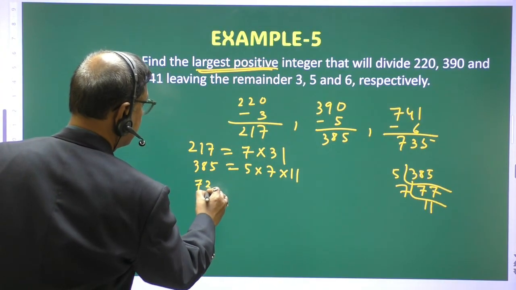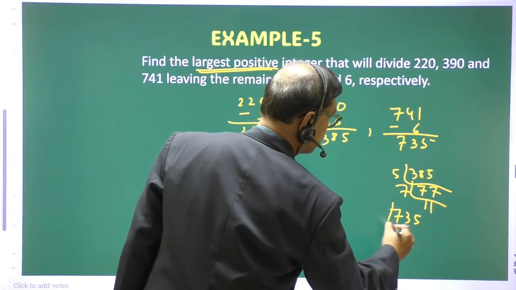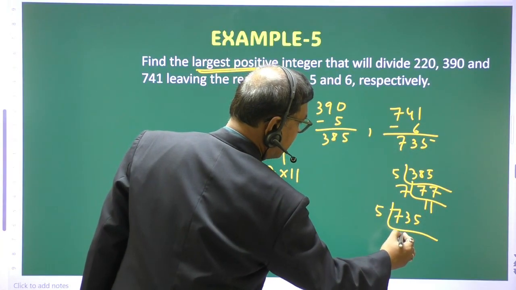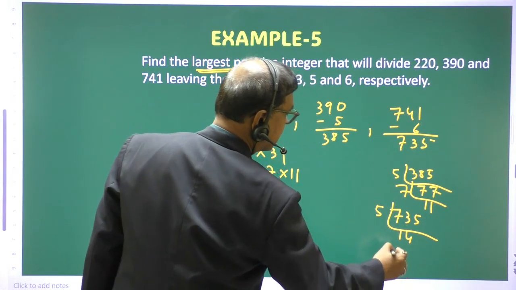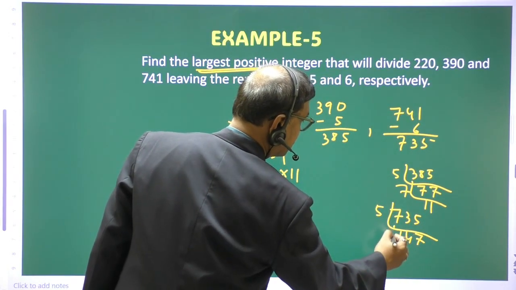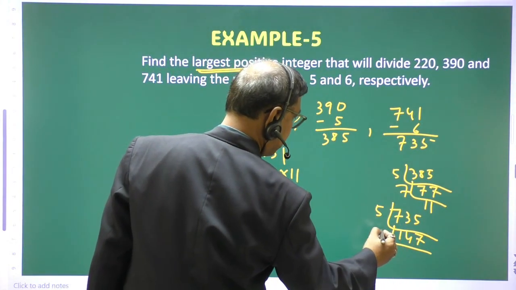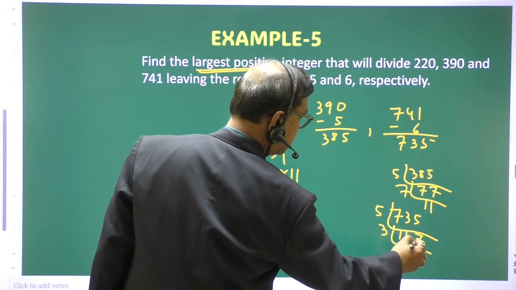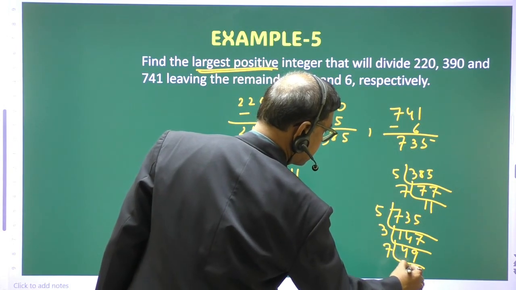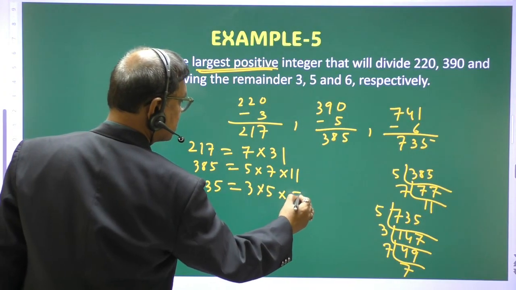Now 735, if we find the prime factors of this number, first give 5, 5 times 1 is 5, 5 times 4 is 20, that means 14 5s are 70, 3 and 35, 5, 7 5s are 35. Now we can give what? 3 we can give, 3 4s are 12, 3 9s are 27. Yes, now 7 and 7. That means 3 into 5 into 7 square.